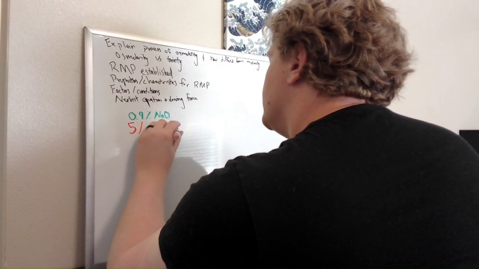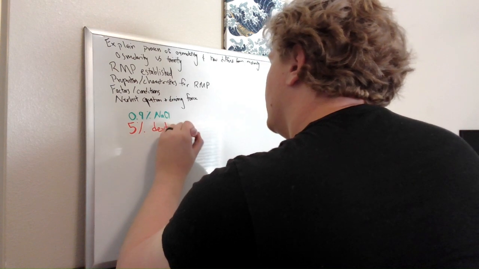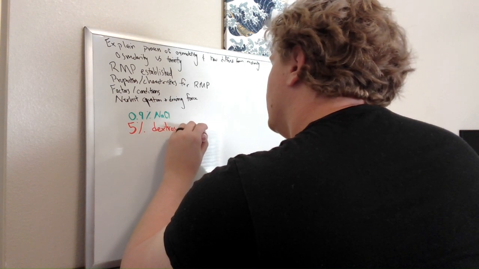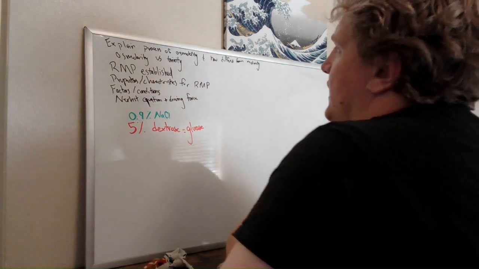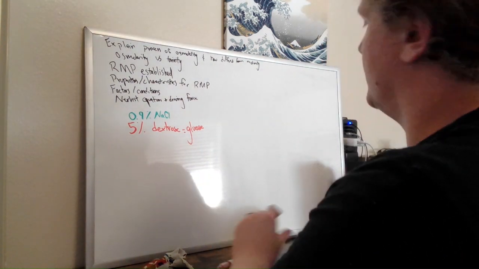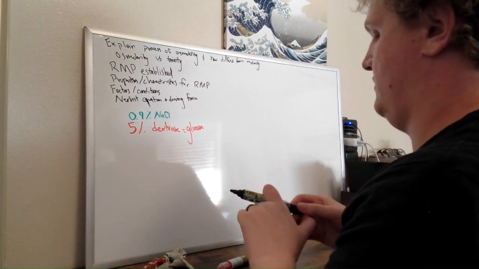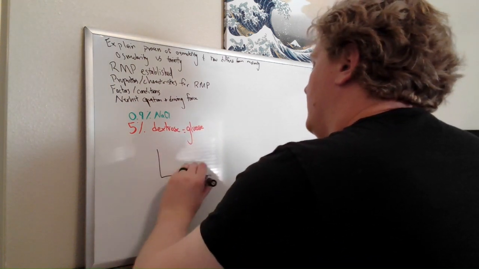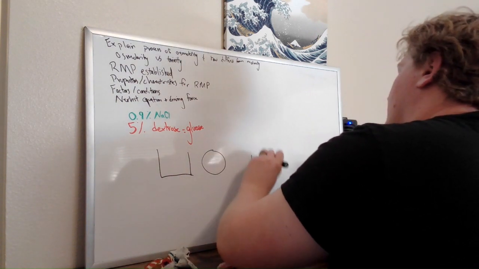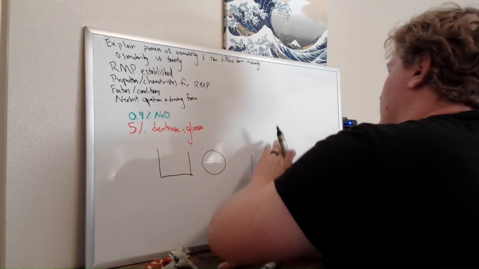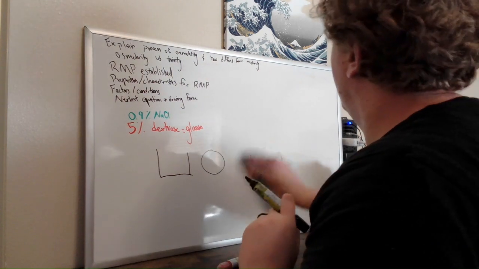And then, I don't think I mentioned this earlier, but dextrose is pretty much just glucose. Got to give it a different name when it's going through an IV. Draw our containers again. That's not what I wanted to draw.